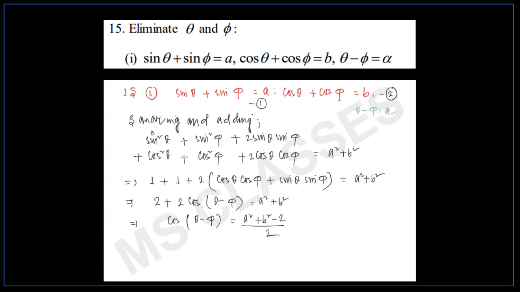And now this value is given in the question as alpha, not A. So this is ultimately cos alpha equal to A square plus B square minus 2 by 2. Very simple, you have just squared and added. When you are squaring and adding, this will be cos theta cos phi plus sin theta sin phi, and then it will be cos of theta minus phi.